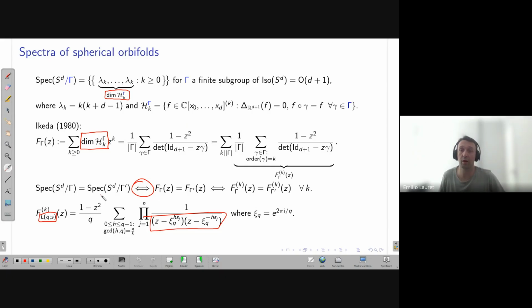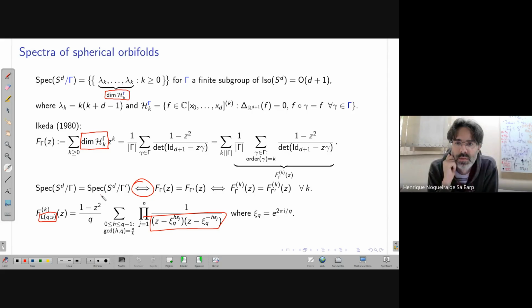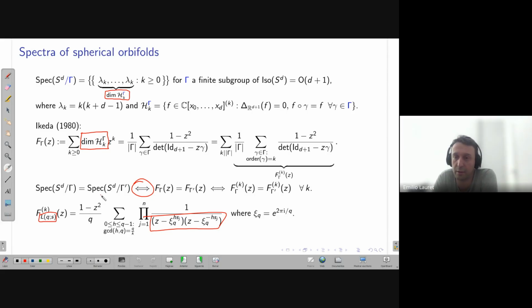Only from the spectrum you cannot hear this. One possible question related to yours would be: can one hear whether some manifold admits a G2 structure, for instance, or a Kähler structure? Indeed, in the case of G2, I don't think somebody studied it, but it is known that one cannot hear whether some manifold admits a Kähler structure.